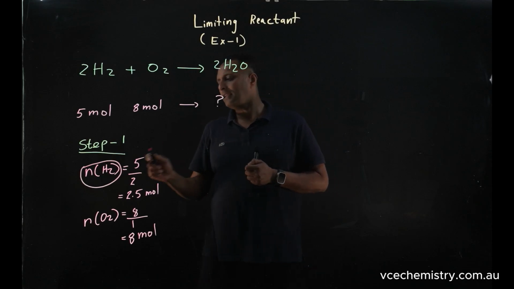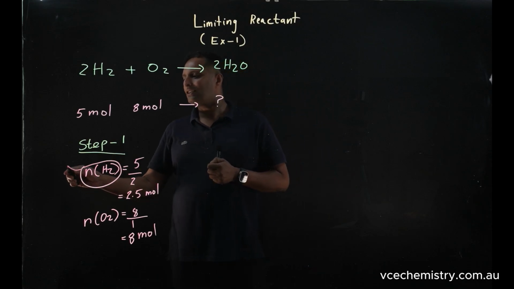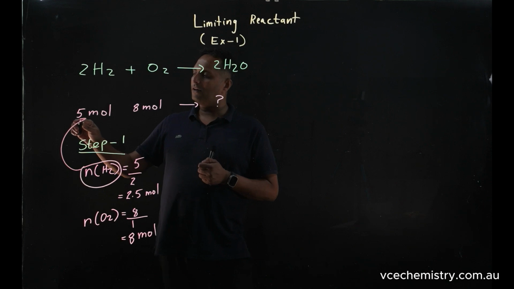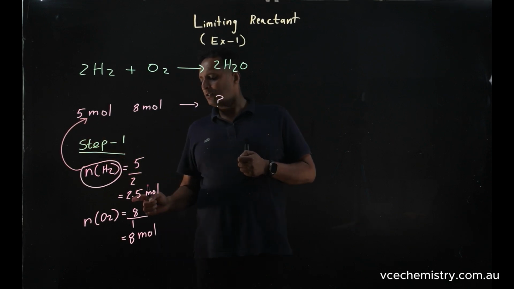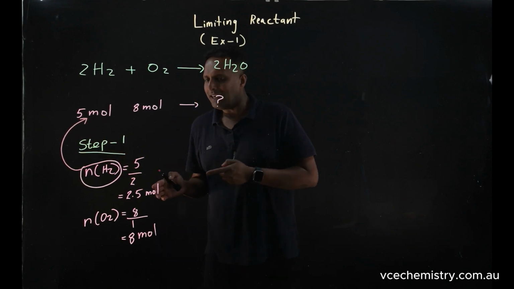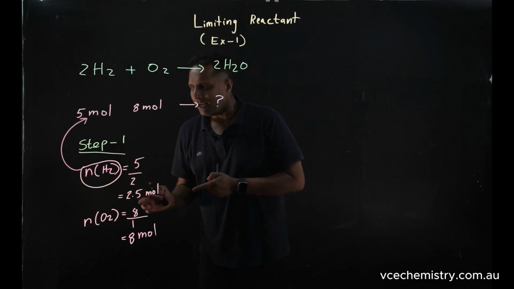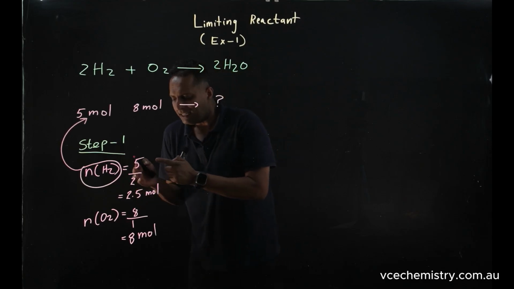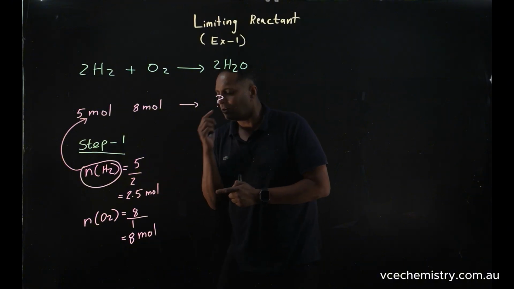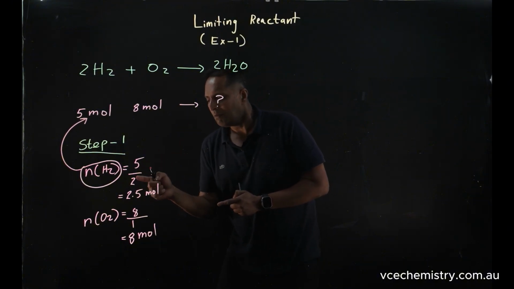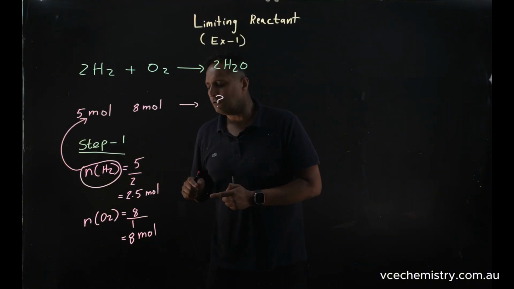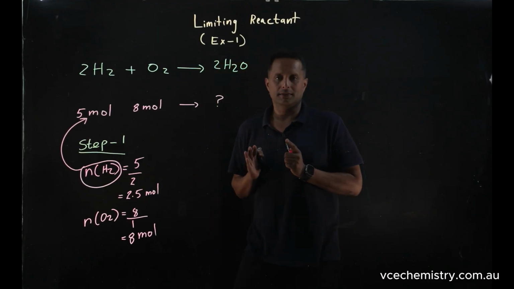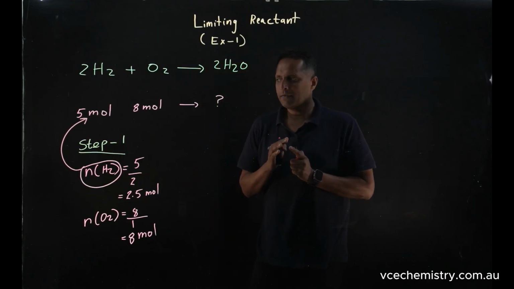After that, always refer back to the original number of moles of the limiting reagent, because this 2.5 is not the actual number of moles of hydrogen we got. We divided the given number of moles by 2, which was the coefficient, just to find out what the limiting reagent is.